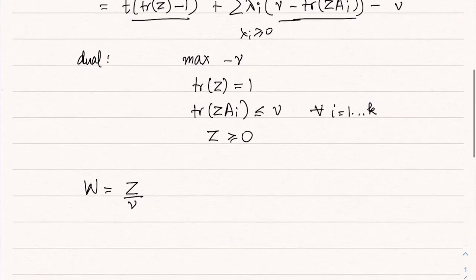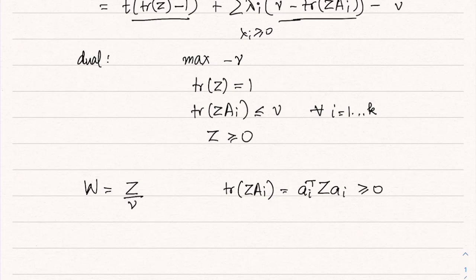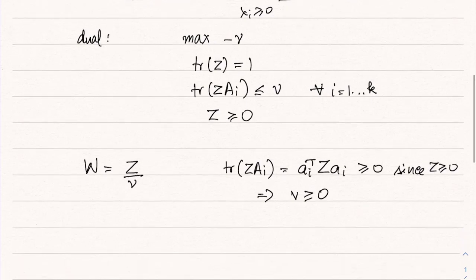First observe that Z is PSD, so trace of Z A i, which is basically a i transpose Z a i, remembering that capital A i was a i a i transpose, is always greater than or equal to 0, since Z is PSD. This is the definition of a positive semi-definite matrix. This implies that nu is always greater than or equal to 0, because nu is greater than this quantity as per the constraints.